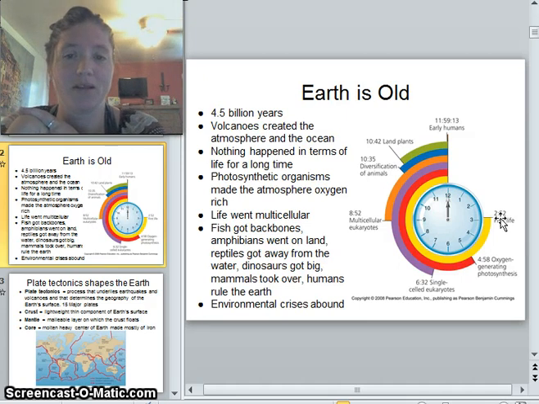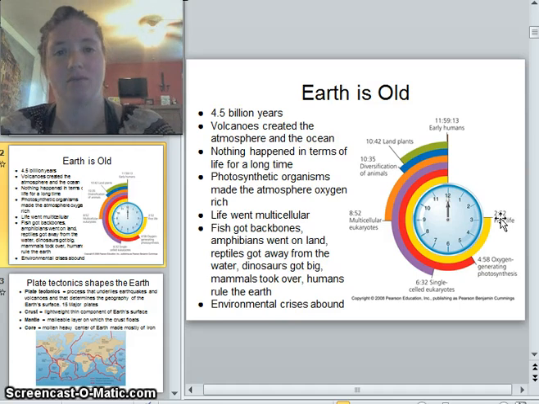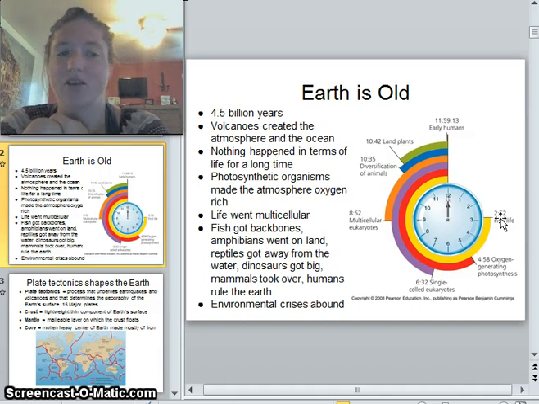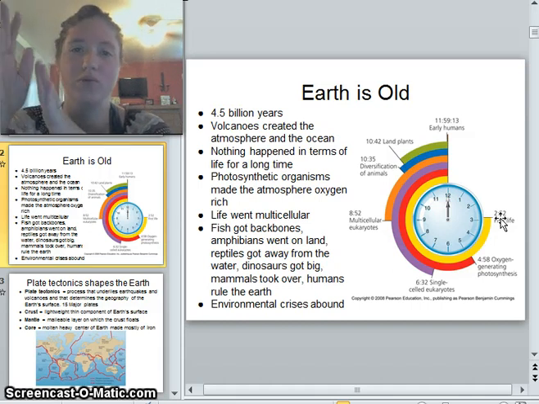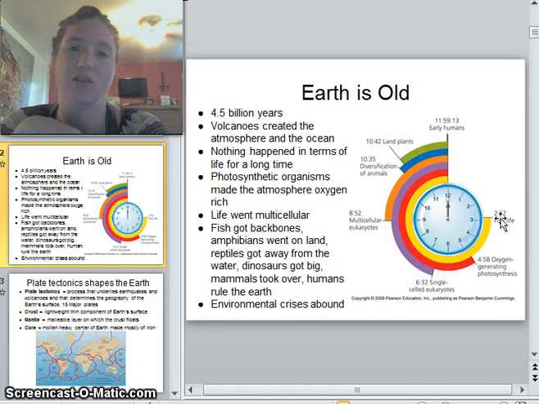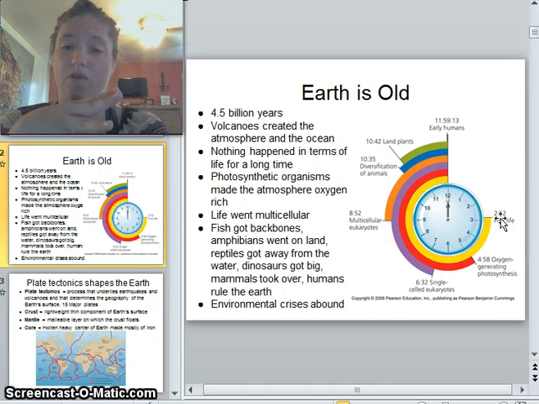We ended up with amphibians and reptiles that then moved away from the water, and we end up going into what we think of as the dinosaur era, which was actually quite a few levels of different dinosaurs. There were several eras there that had dinosaurs. And then eventually the dinosaurs became extinct and mammals took over.